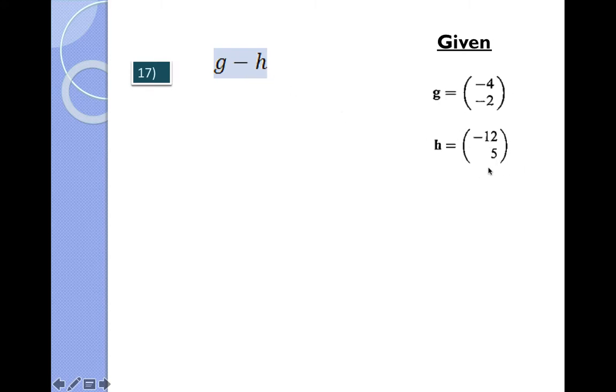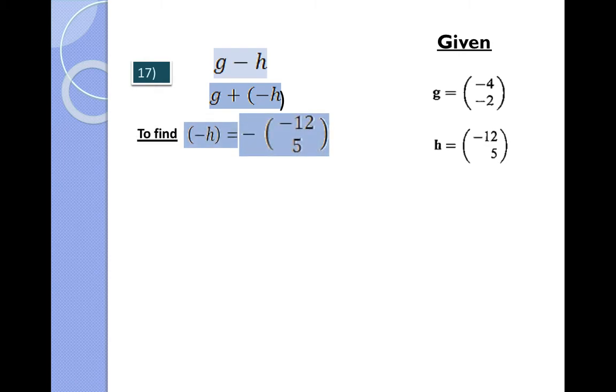First, g plus negative h. So first we will find negative h, the negative of the column vector h, which is negative 12 and positive 5. When you negate it, it becomes positive 12 and negative 5.